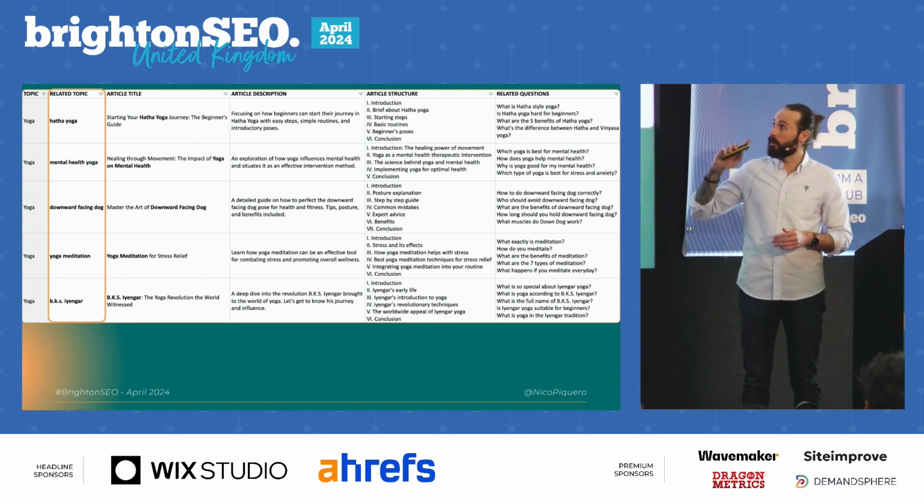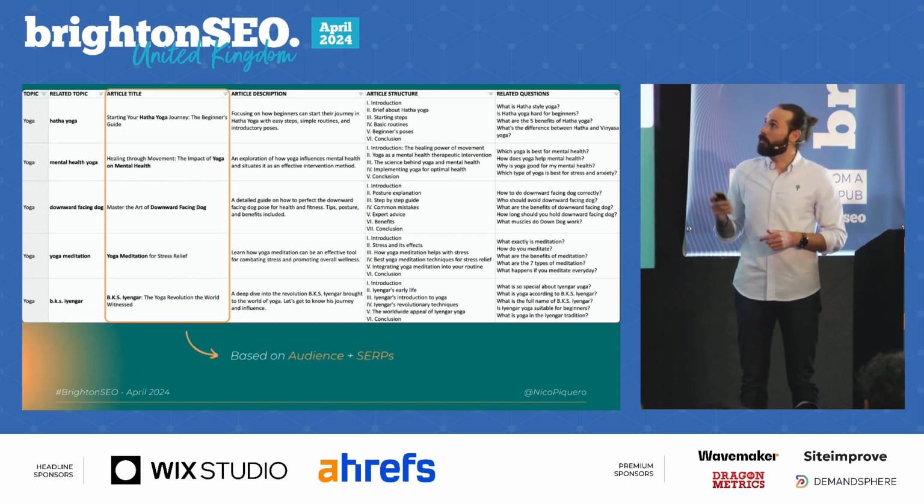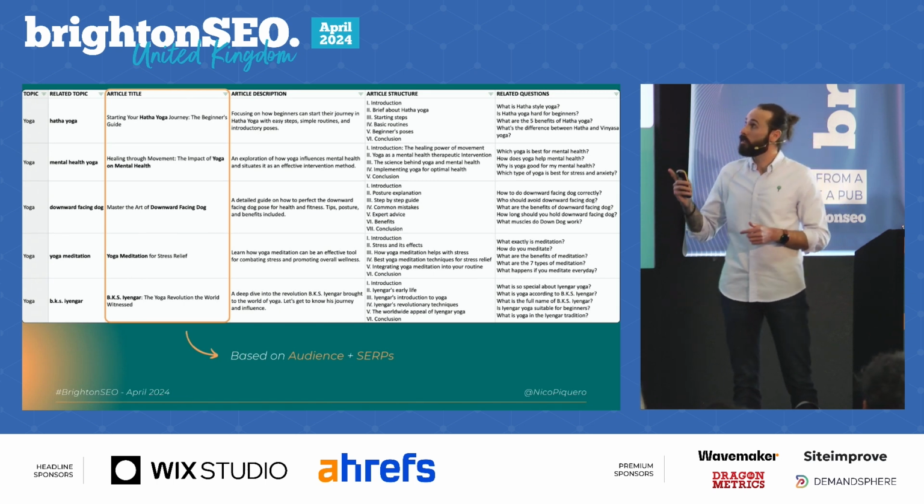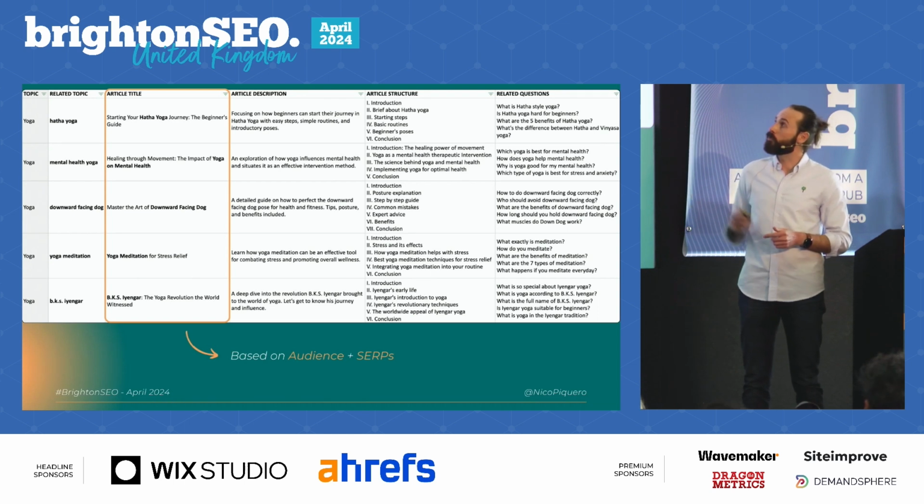So, our related topics. Then we create the article titles. For Hatha Yoga, that could be, for instance, Starting Your Hatha Yoga Journey: The Beginner's Guide. Mental health could be Healing Through Movement: The Impact of Yoga on Mental Health. Downward facing dog: Master the Art of Downward Facing Dog, and so on and so forth.